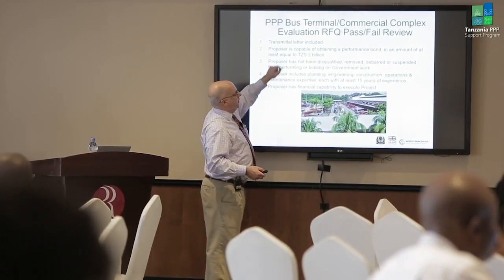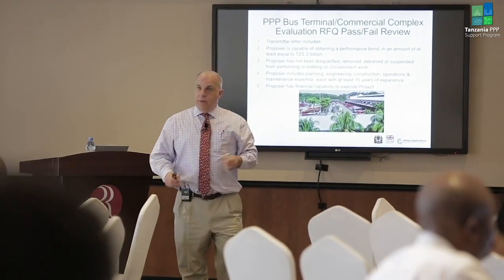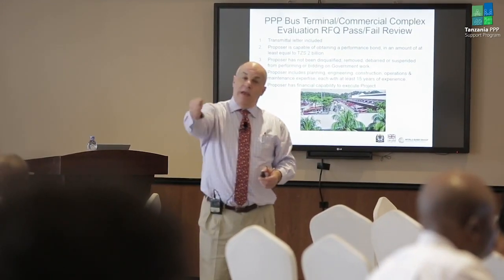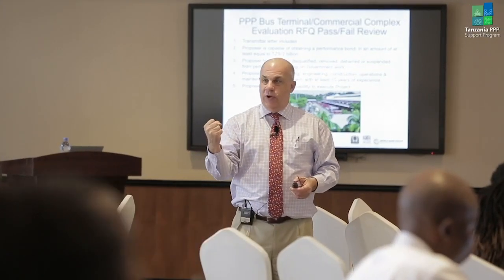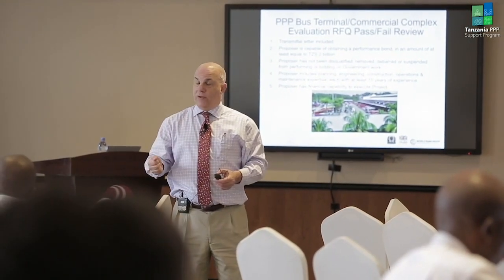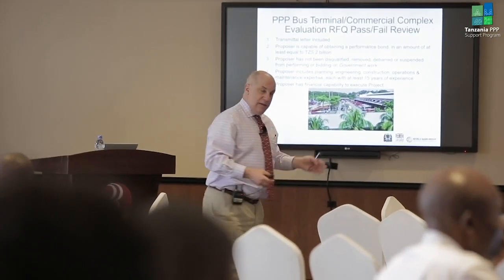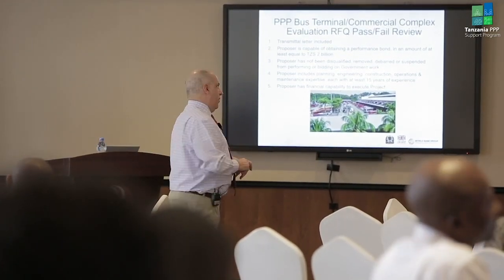So they must be able to obtain a performance bond. We haven't talked about this much, but what a performance bond is, it's basically the private party purchasing a bond, which you can think of almost as a loan, but it's a security that if somehow they fail to perform, they fail to do what the bond is insuring them against, they forfeit the bond, the premium they paid for the bond, and now they're out the money.